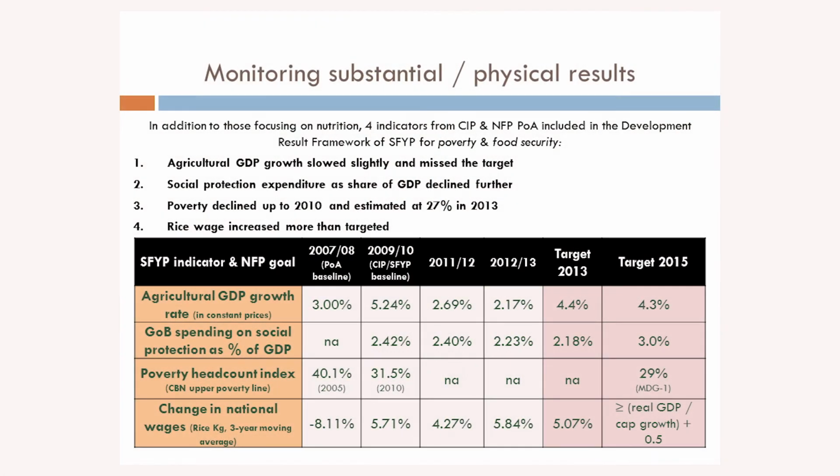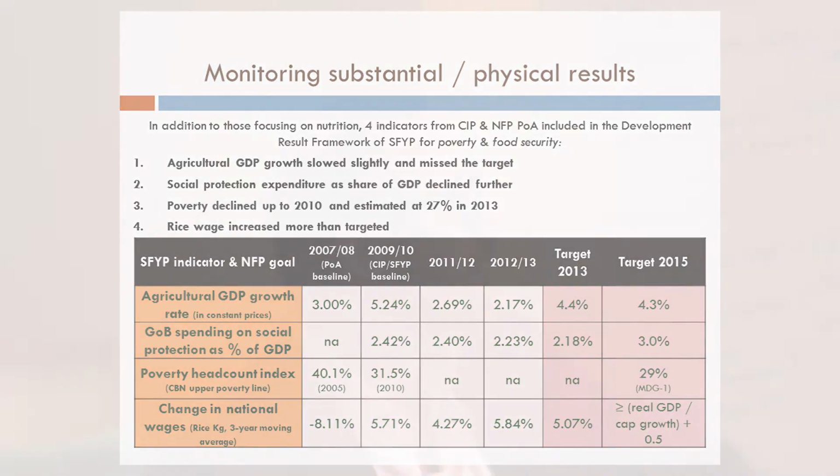Okay, it went too fast. But maybe we can take this. A quick display of what substantial results monitoring can show. We said we had the indicators at outcome level, at goal level, that you have on the left. We had the baseline, and then we can monitor, and this is a powerful tool, the progress in recent years.